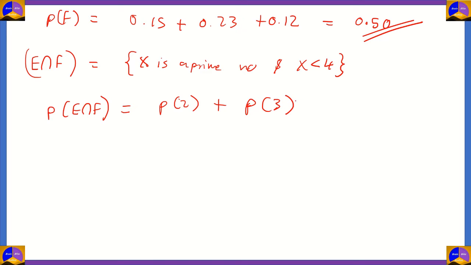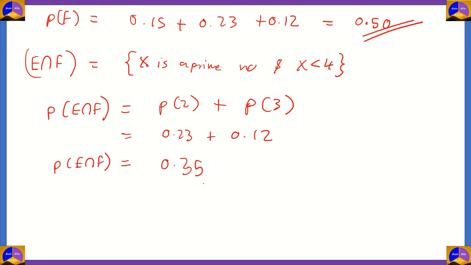So P of 2 plus P of 3 will give you P of E intersection F, because 2 and 3 are prime numbers and they are less than 4. So that means you'll have 0.23 plus 0.12. So 23 plus 12, 23 plus 10 gives you 33, plus 2 gives you 35. So 0.35 is the value of P of E intersection F.